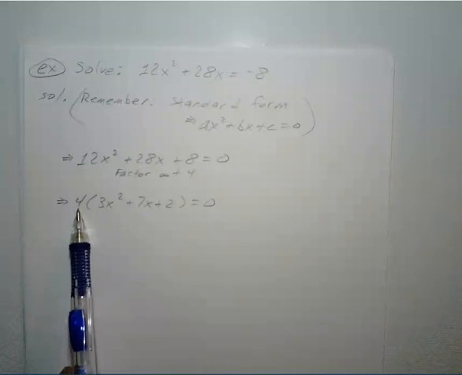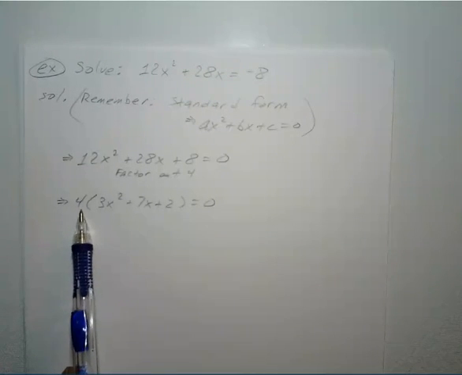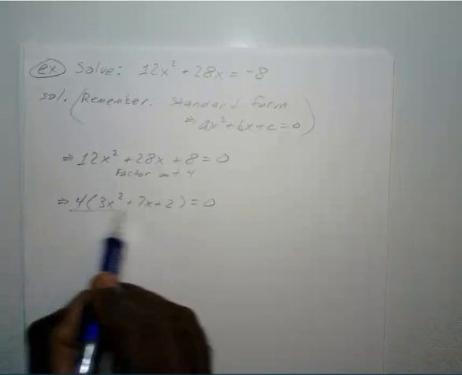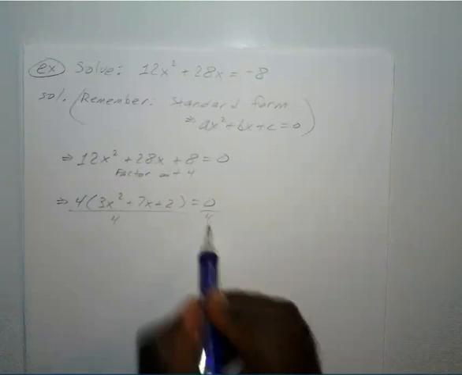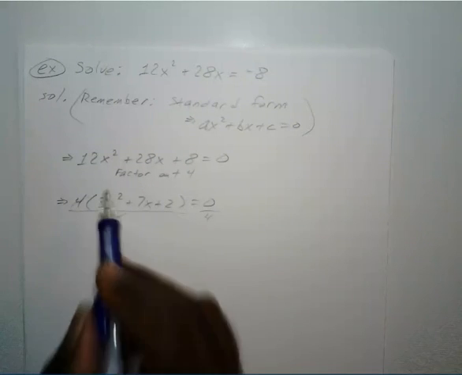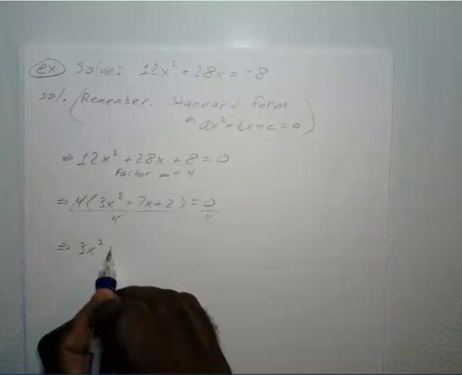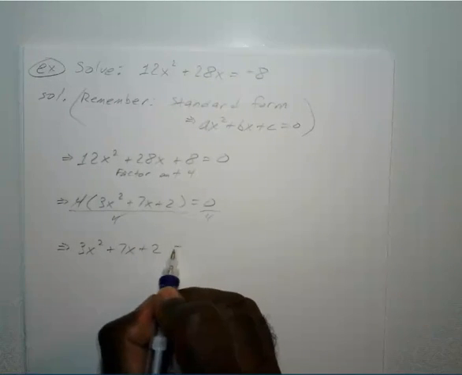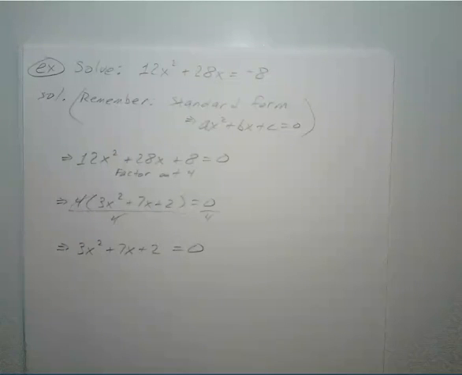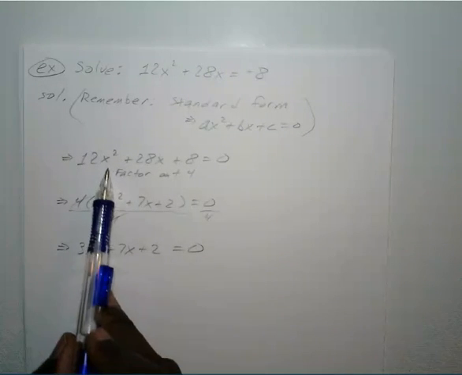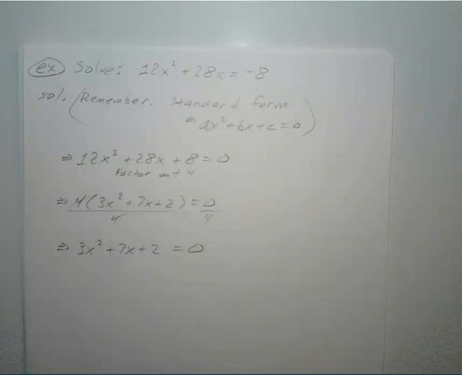Now the good thing about this is, as soon as we factor out just a number, we didn't factor out a variable, we can just divide both sides by 4. So if we divide this side by 4 and this side by 4, these two will cancel out. So we have 3x squared plus 7x plus 2 equals 0. Okay, so that kind of helps us to where we don't have to deal with such large numbers.